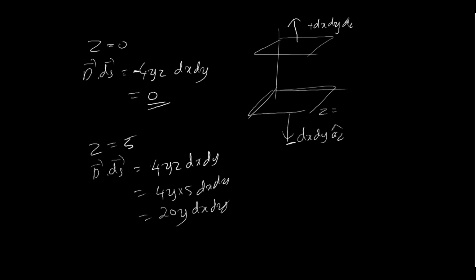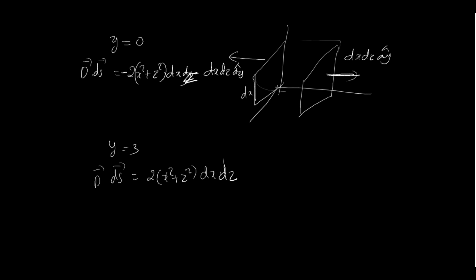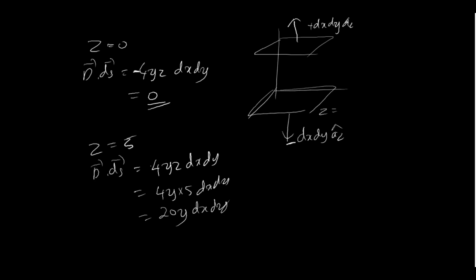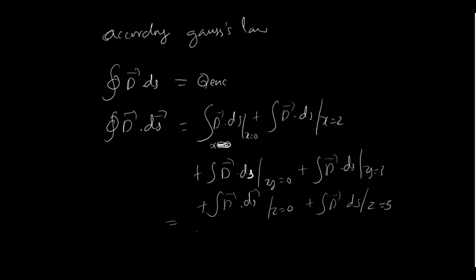So if you substitute the values, the first one, the x is equal to 0 term. At x is equal to 0 we have D dot dS equal to 0. Okay, at x is equal to 2 it is 8y dy dz. So it is 0 plus 8y dy dz. So what are the limits for y and z? y starts from 0 to 3 and z starts from 0 to 5.